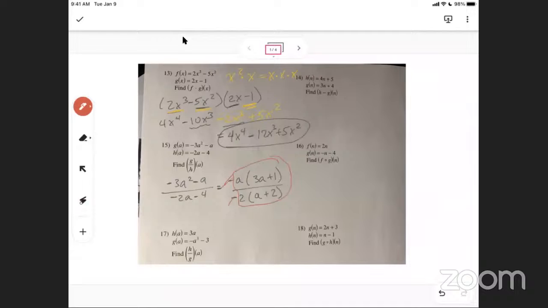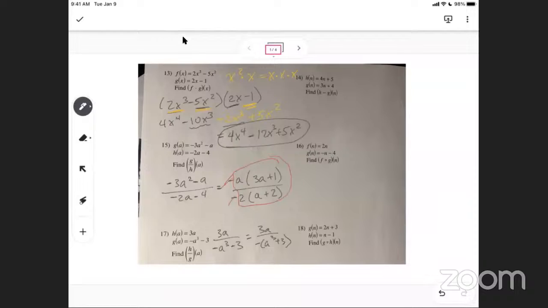So for number 17, same kind of deal. It's just a fraction. So I'm going to go 3a all over negative a cubed minus 3. That's actually it, because there's nothing I can really do in terms of canceling. I can clean it up a little bit and call it 3a over negative a cubed plus 3.